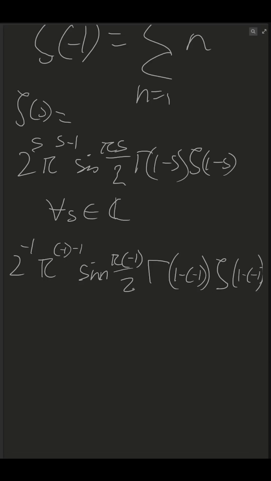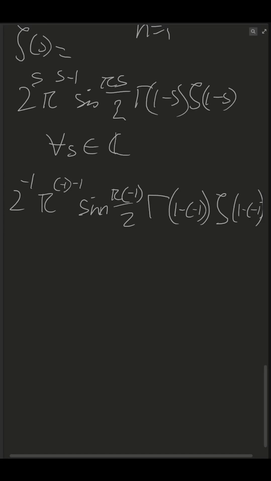There we go, lots of things going on there. We can evaluate some individual components. Well, 2 to the minus 1 is going to be a half. It's going to be pi to the minus 2, which would in fact just be 1 over, let's write this as 1 over 2 pi squared just for now.